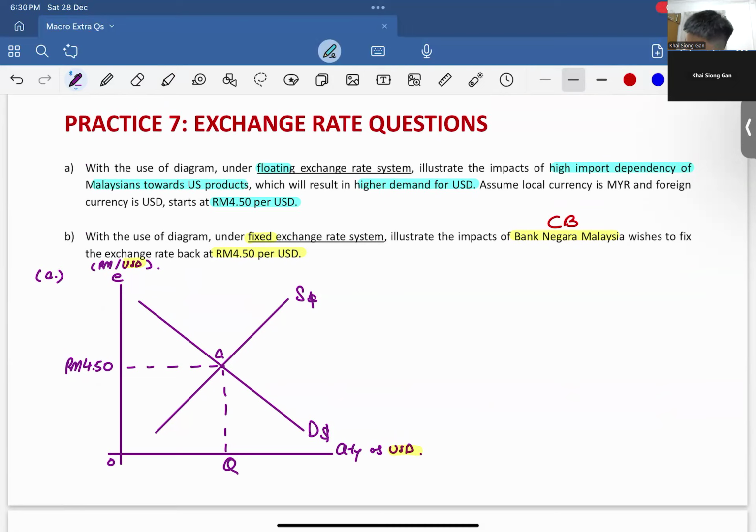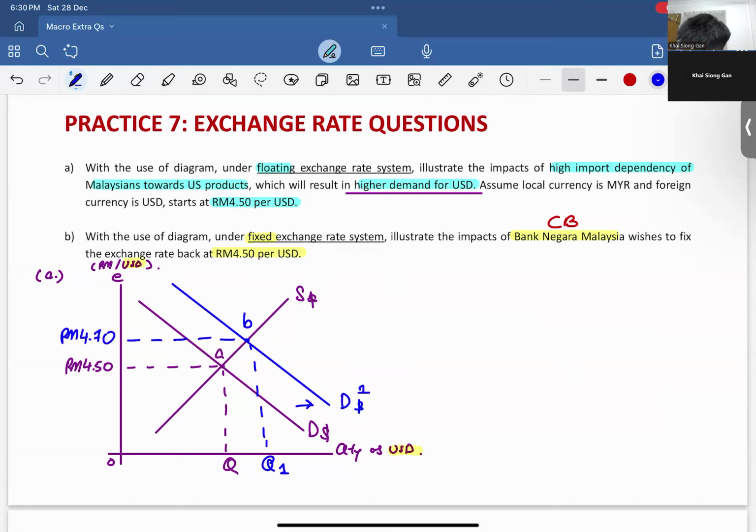Because Malaysians keep buying imports, they will need to keep demanding US dollars. They already give you the answers here, very easy. So demand for US dollars increases from point A to point B over here. Higher quantity and now higher prices.